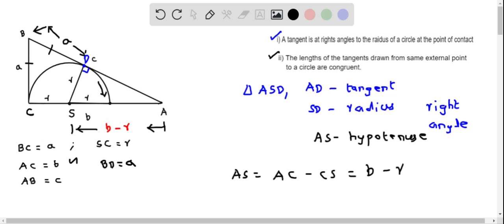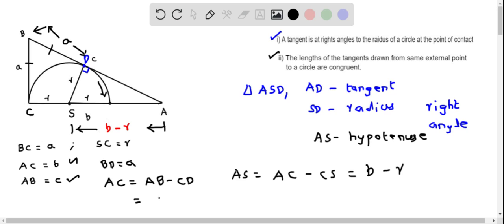And using this information, since AB is equal to C, we can now write an expression for AD. AD is equal to the complete length AB minus BD.